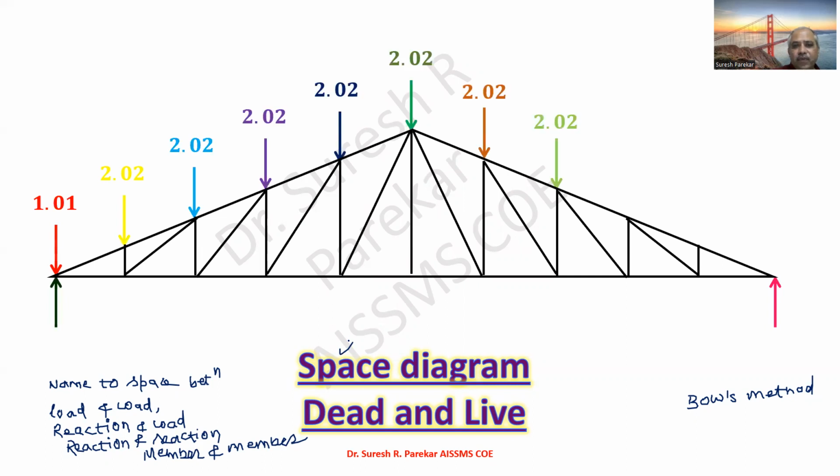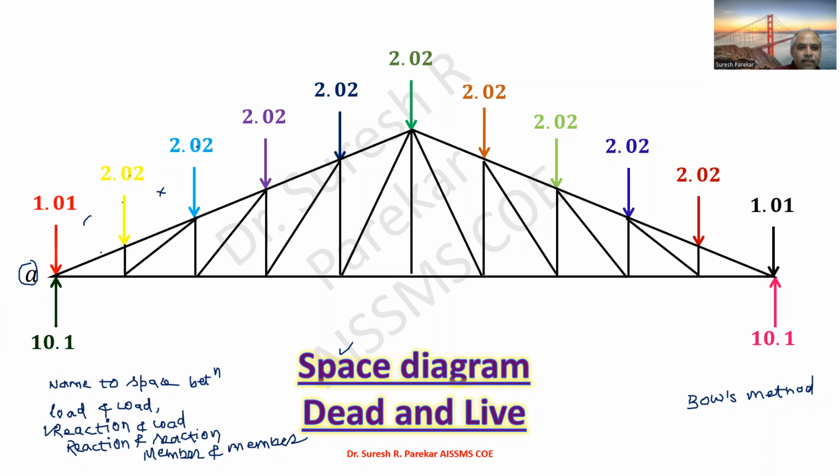Now you can see this. These are the forces, dead load, and then we have the space between this reaction and this load, which is named A. Then we have to name each space, between the first and second loads, then the next. So A is between reaction and load. This space I have named B, between load and load.